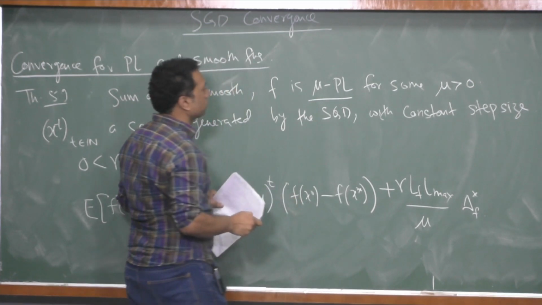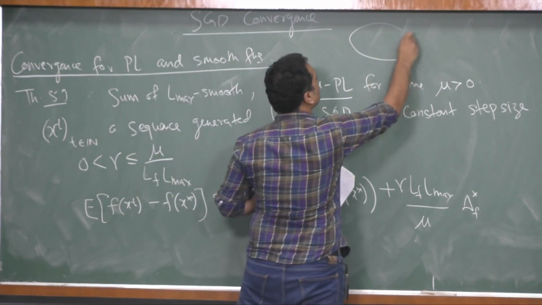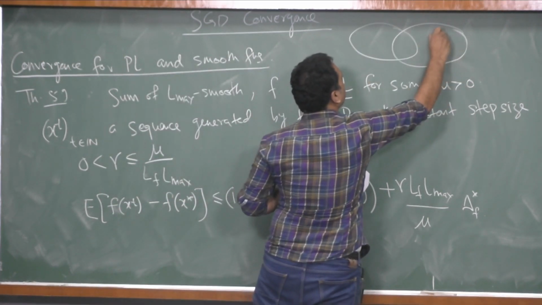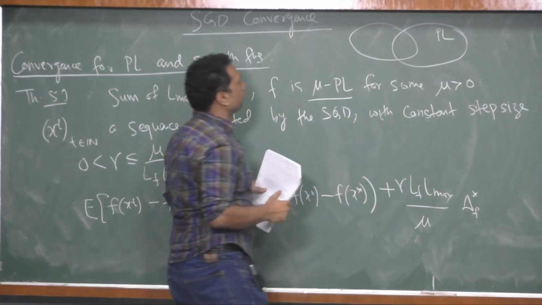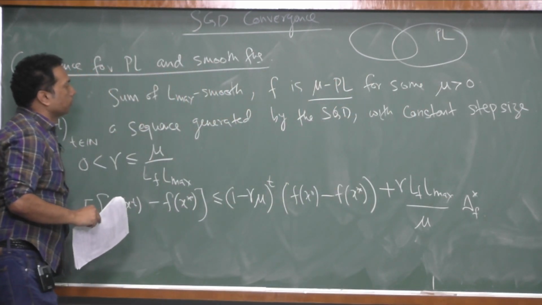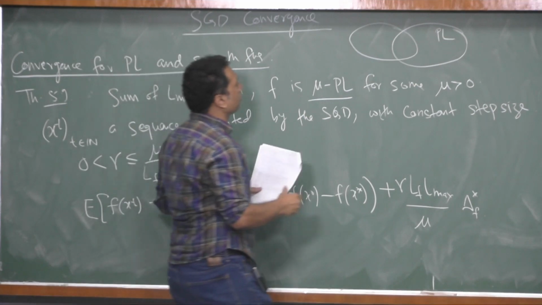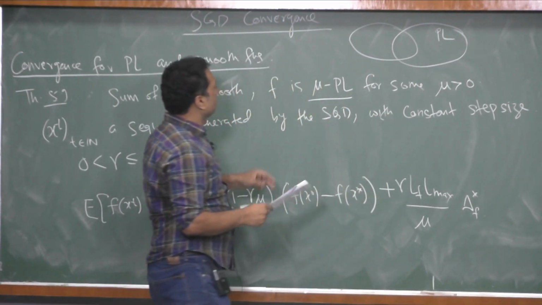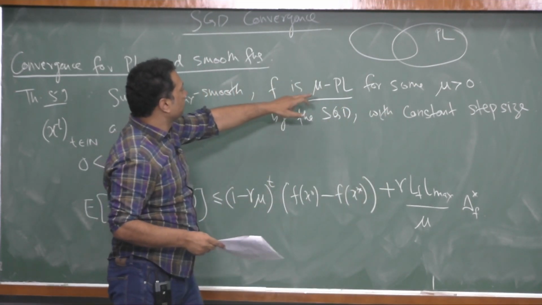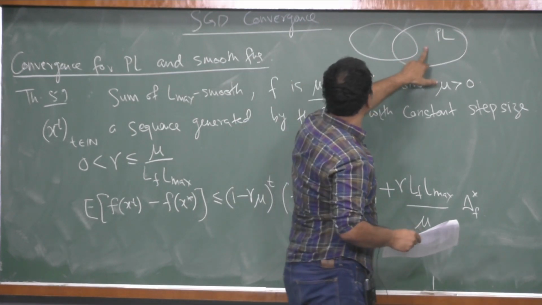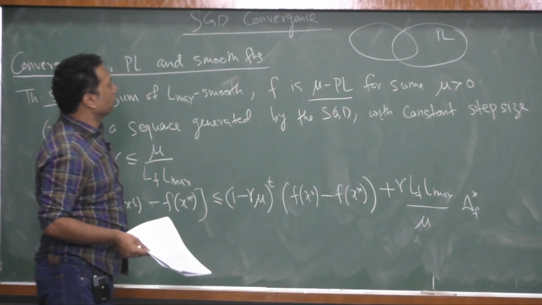As you know, mu PL is a class which is bigger than the strongly convex. So with this theorem you can cover slightly more general functions which may not necessarily be convex.